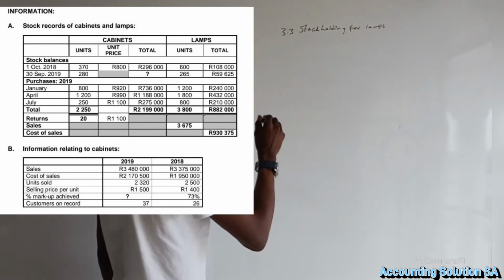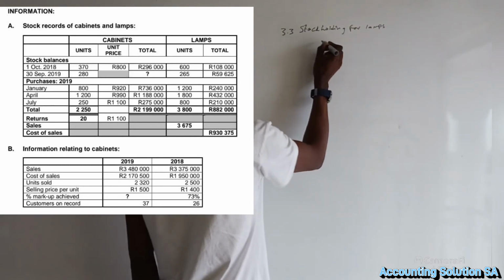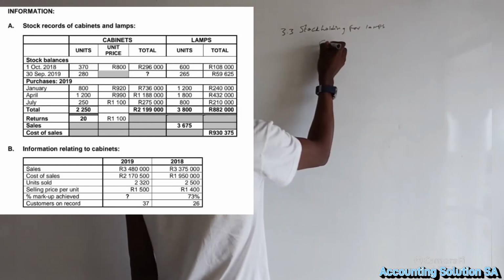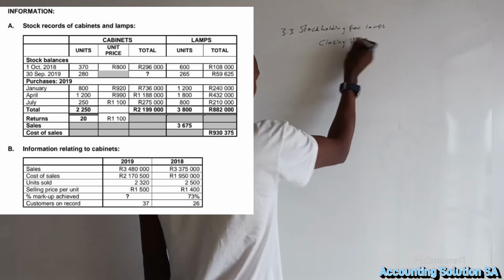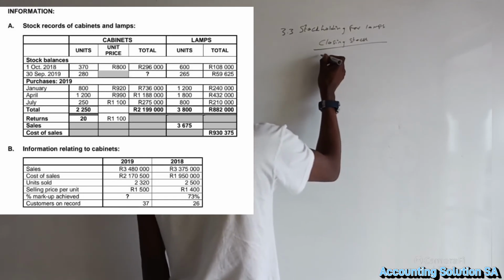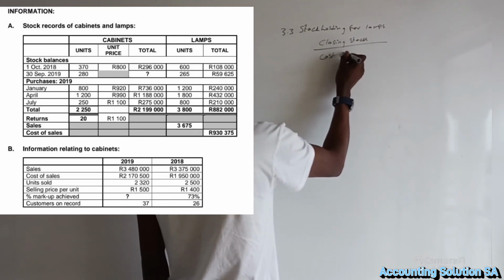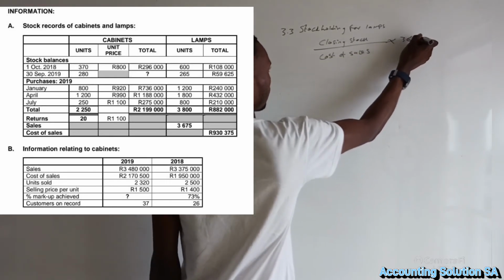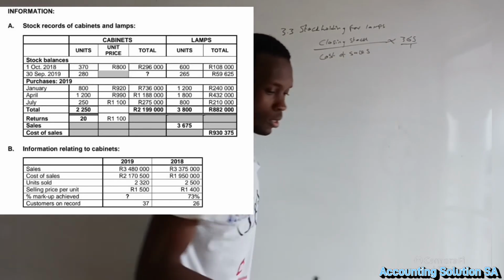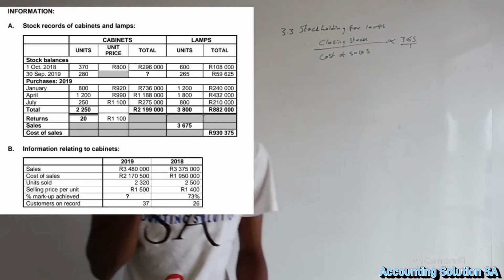If we are using a closing stock, our formula will be closing stock balance divided by cost of sales multiplied by 365. So this is the formula that we are going to apply.